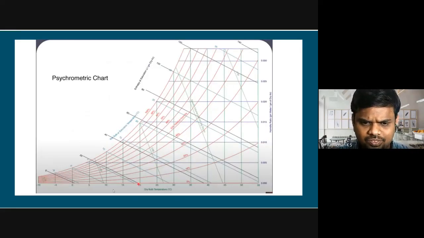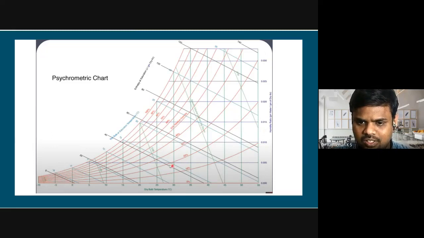Okay, so we have another psychrometric chart given here. You can see the dry bulb temperature is in degrees Celsius. We have y-axis values 0.0, 0.005, 0.10, the humidity ratio of water, which is grams of water per gram of dry air, which means kilograms of water per kilogram of dry air.